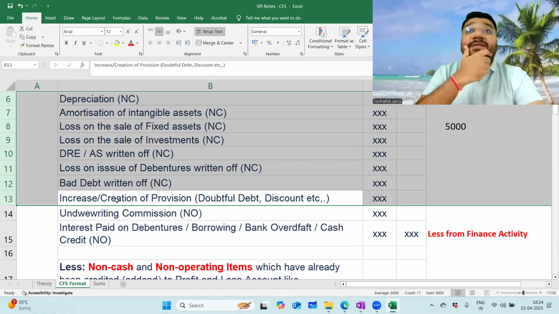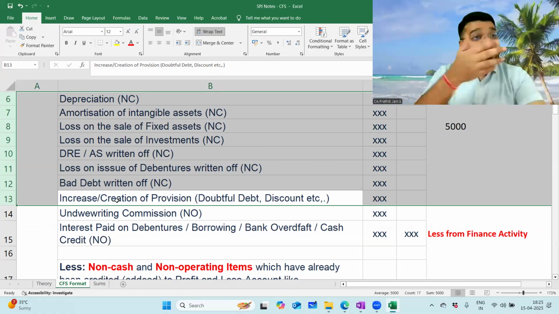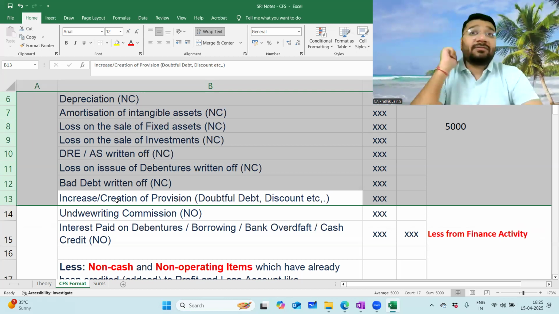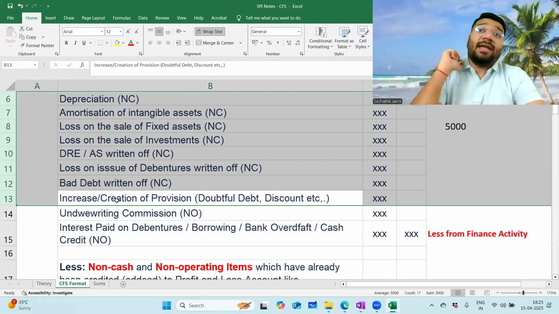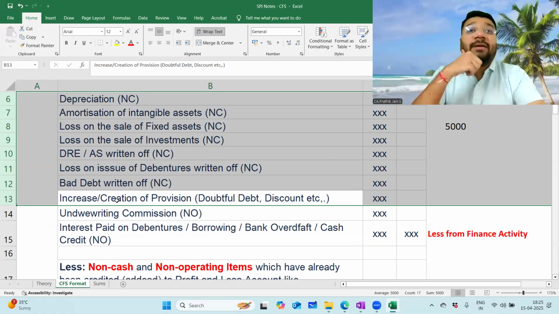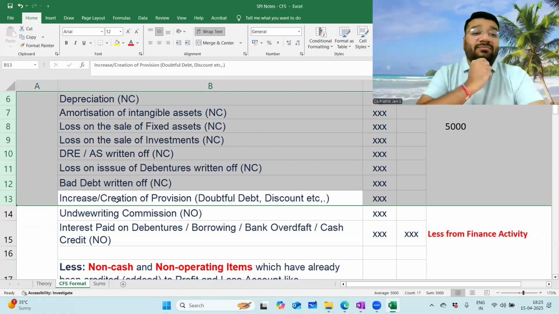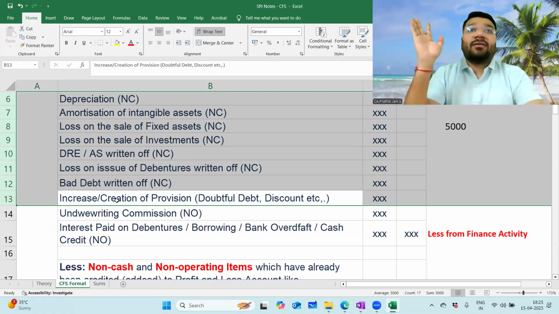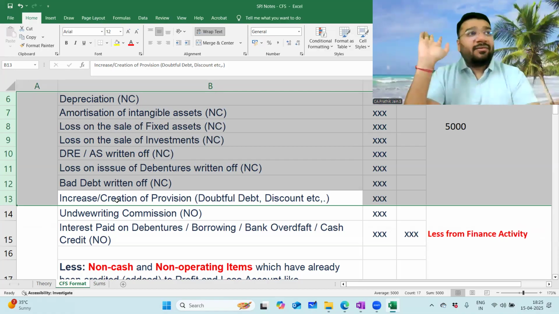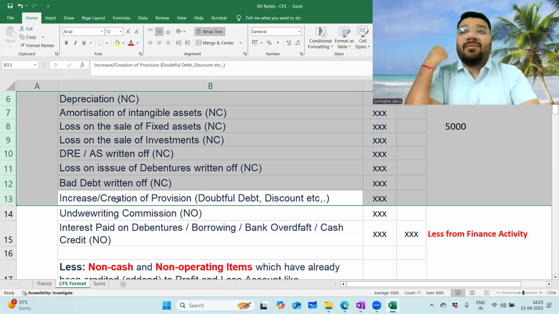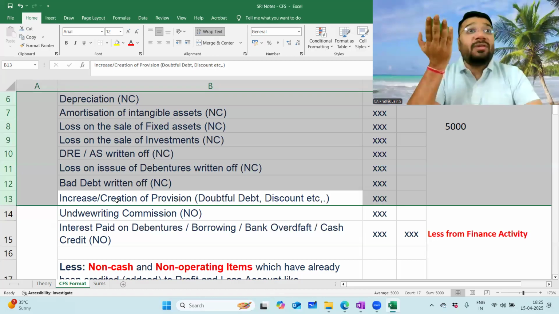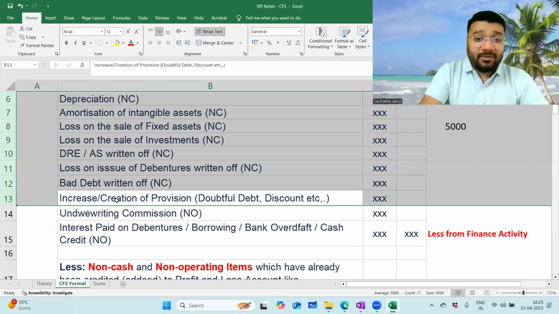Why are you giving me gloomy faces now? Can I teach Foundation here at the intermediate level? I can teach, but if I take extra time, will I be able to complete the portions on time? No. So what are you supposed to do? You're supposed to revise all this and come. Or you thought Foundation was over? Let's forget everything, control or delete, permanently remove from the mind? Don't do that, you'll have big trouble later.